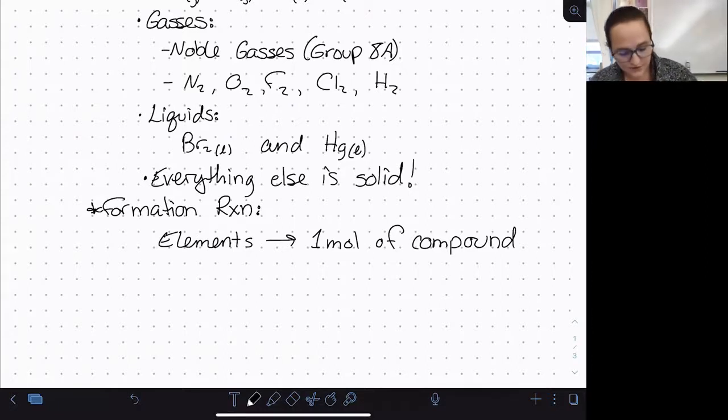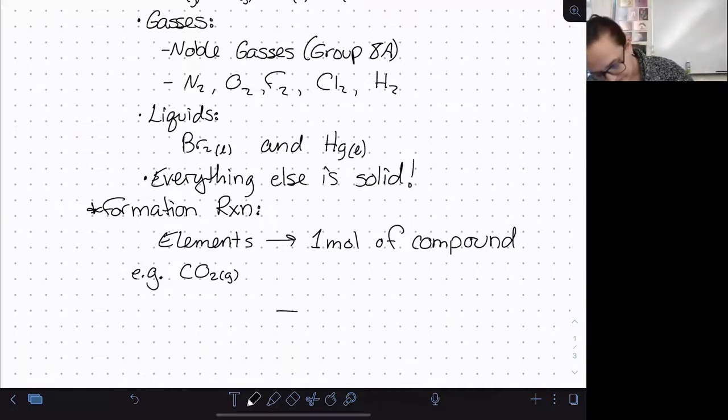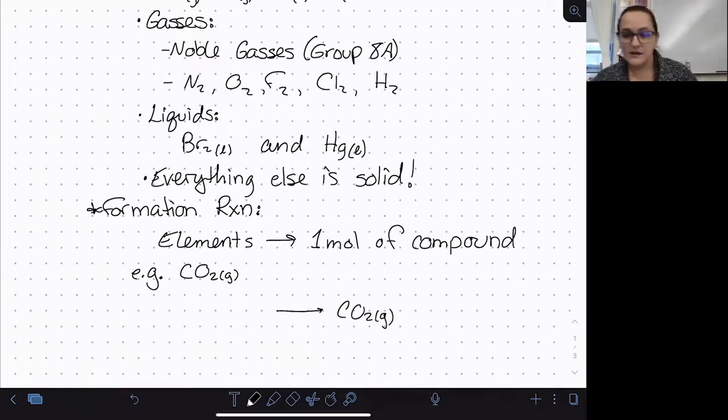So for example, if we wanted to write the formation reaction for carbon dioxide gas, carbon dioxide gas is going to be my product. The elements that carbon dioxide is comprised of are carbon, which is a solid, and oxygen, which is a diatomic gas.